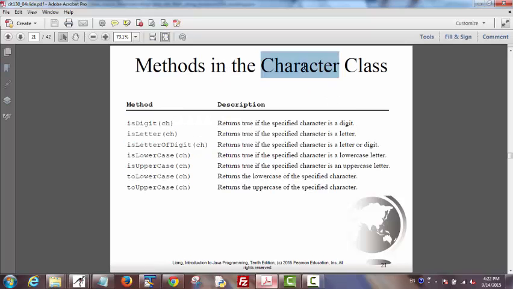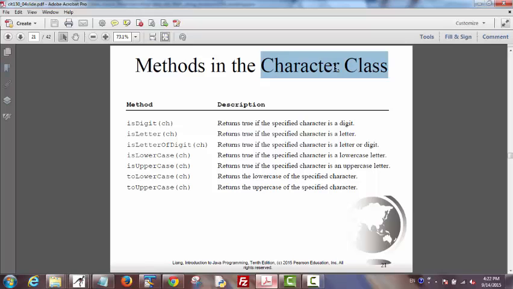Now the Character class, which is a wrapper class, we'll talk about classes and object-oriented programming in much more detail in Chapter 9. But just like the Scanner class and the String class, these are special classes, and the nice thing about them is that they give us additional functionality.